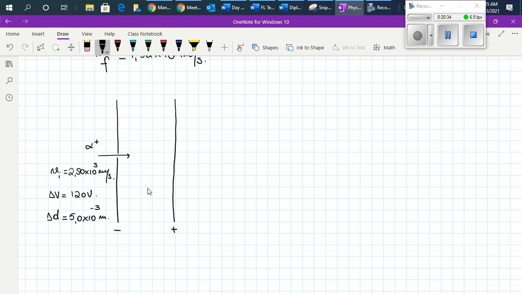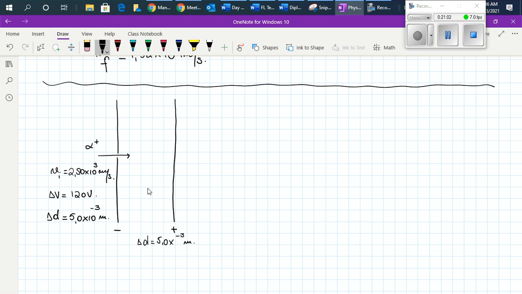So now the question will be, this is more complex question. The question will be, will it reach, alpha particle, will it reach the second plate, the other plate, in this case the positive plate? Will it reach it? And if it does, what is the final velocity? If it doesn't, where is it stopping? So the delta D is this one here.